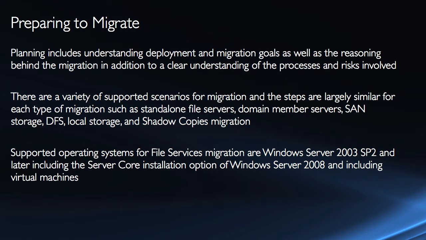There's a variety of supported scenarios for migration, and the steps are really going to be very similar for each type of migration. For instance, standalone servers, domain member servers, SAN storage, distributed file system, local storage, shadow copies migration. Now that's not to say that the individual steps are going to be identical.